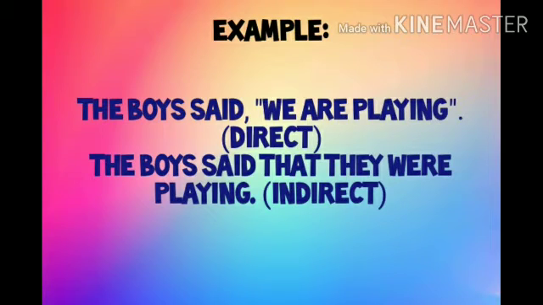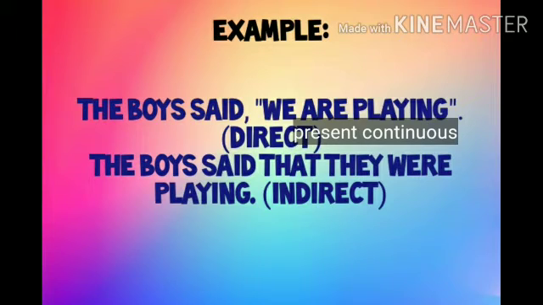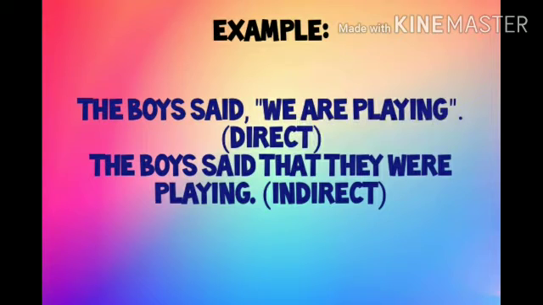Here in this example, the reporting verb is in the past tense and the tense of the reported speech is present continuous. So while changing direct to indirect, the tense of the reported speech will be past continuous according to the rule.